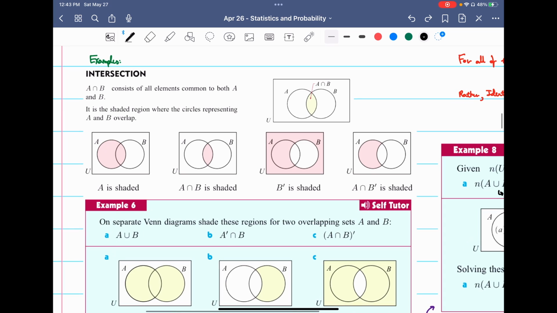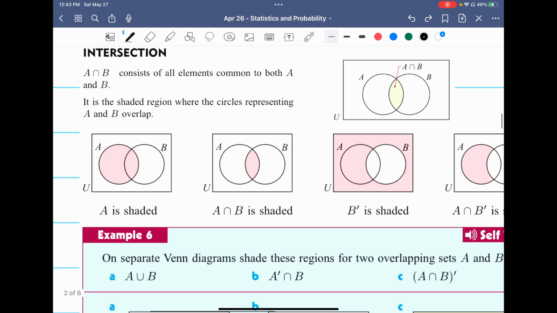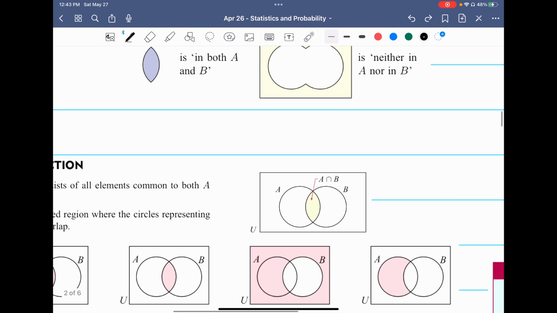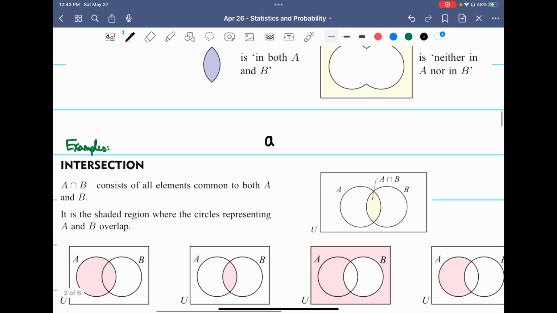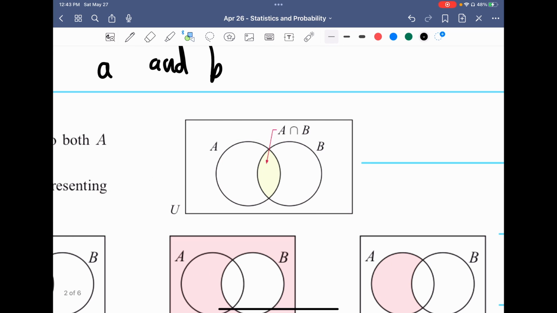So intersection is, again, I said it before, A and B. It consists of all elements common to both A and B. They have to have an overlapping value, and using the Venn diagram, we can understand that that value is right here, the overlapping side.